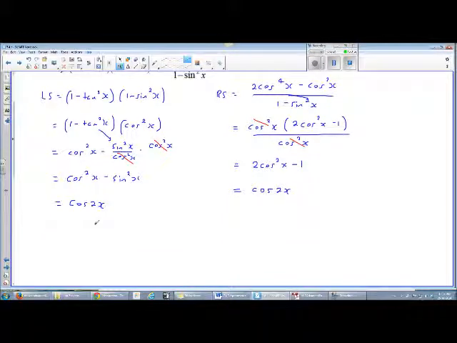All right, so therefore, we see that 1 minus tan squared x times 1 minus sine squared x equals 2 cosine to the power of 4 x minus cosine squared x, all over 1 minus sine squared x.